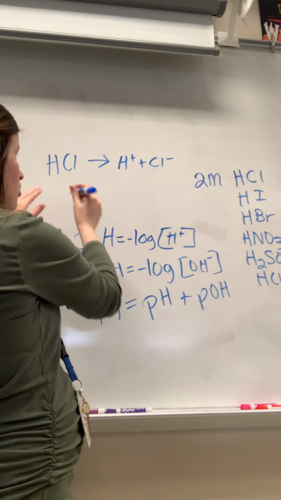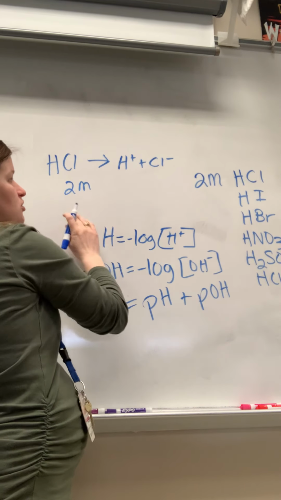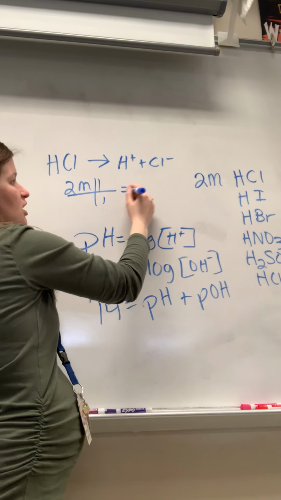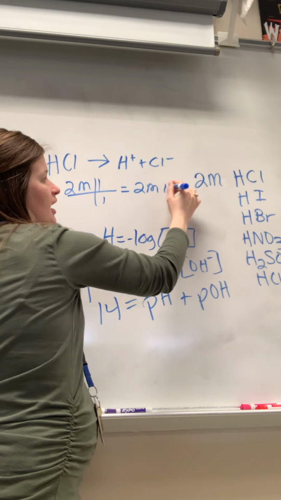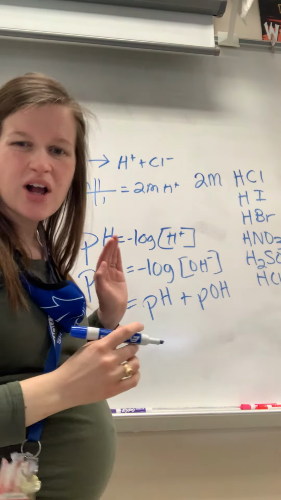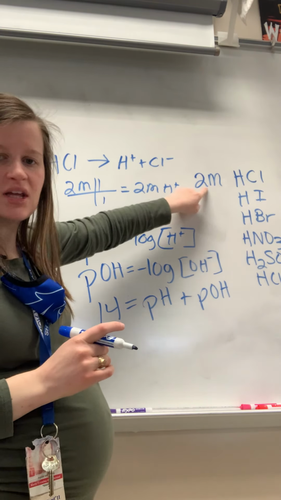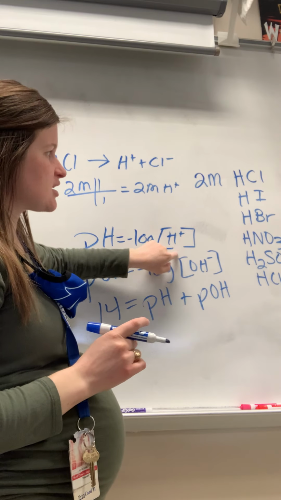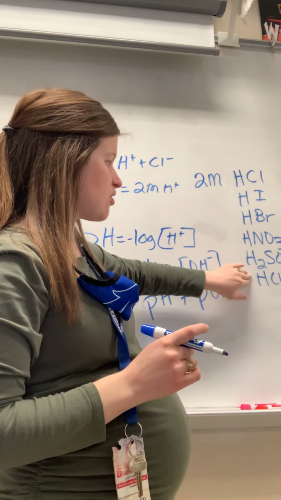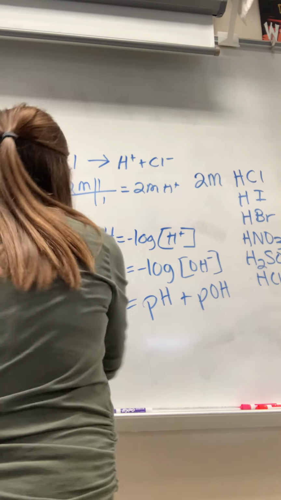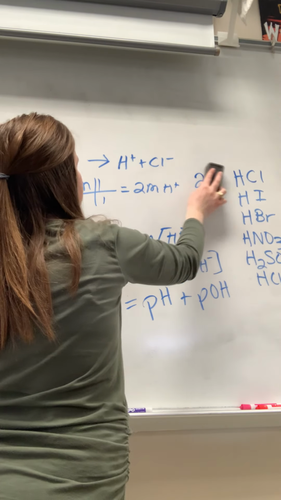That means I would have a 1-to-1 ratio, so I have 2 molar hydrogen ions. For strong acids and strong bases, it's really easy. You just take whatever concentration that is and plug straight in, because all of our strong acids are a 1 ratio except for sulfuric acid. That would be the only one.